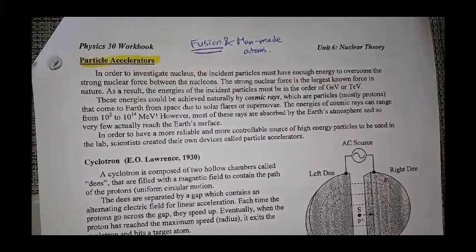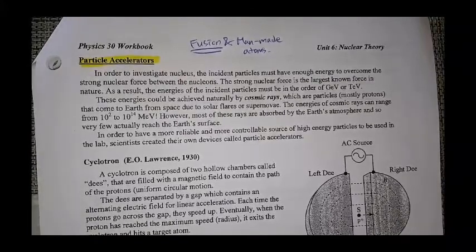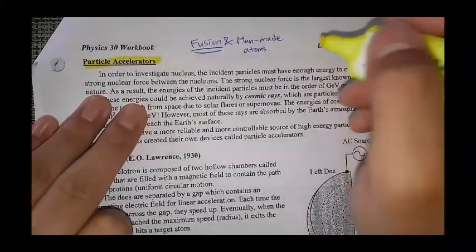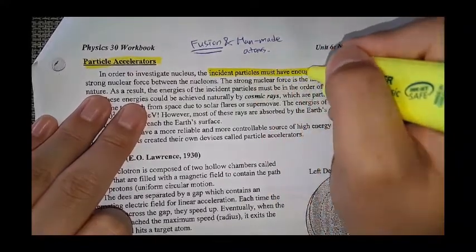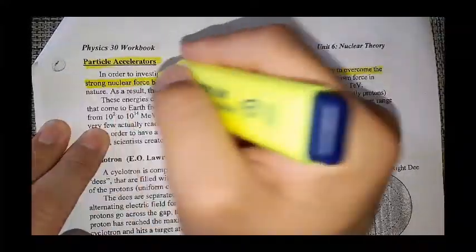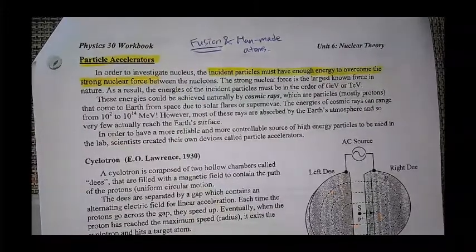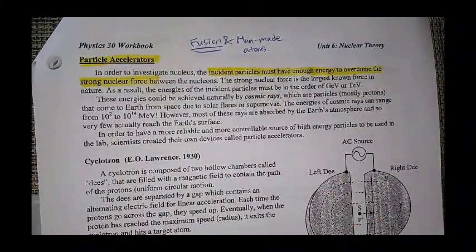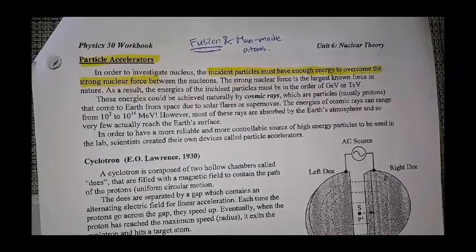In order to make that happen, here's the thing. The incident particle must have enough energy to overcome the strong nuclear force. The strong nuclear force is the one I mentioned as a super glue. It's the largest form of force, and a huge amount of energy comes out.